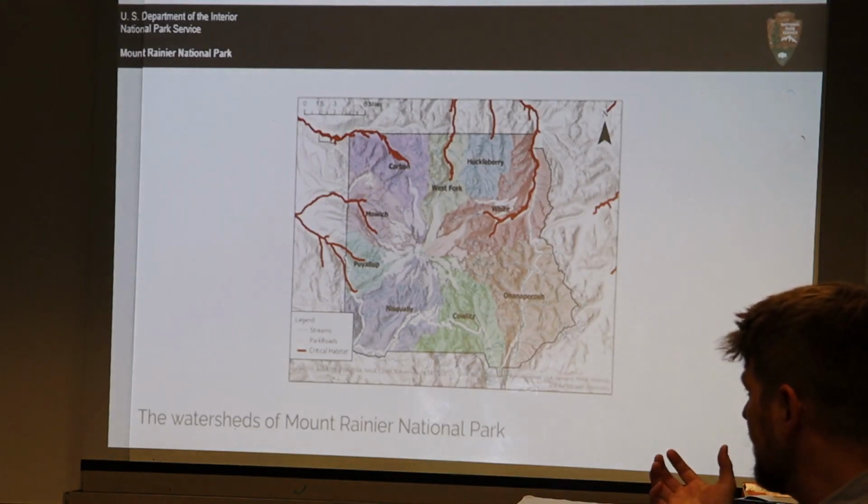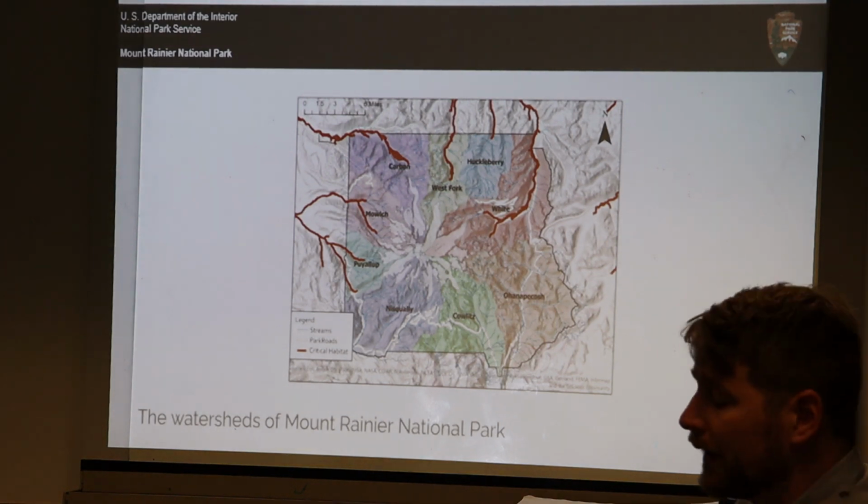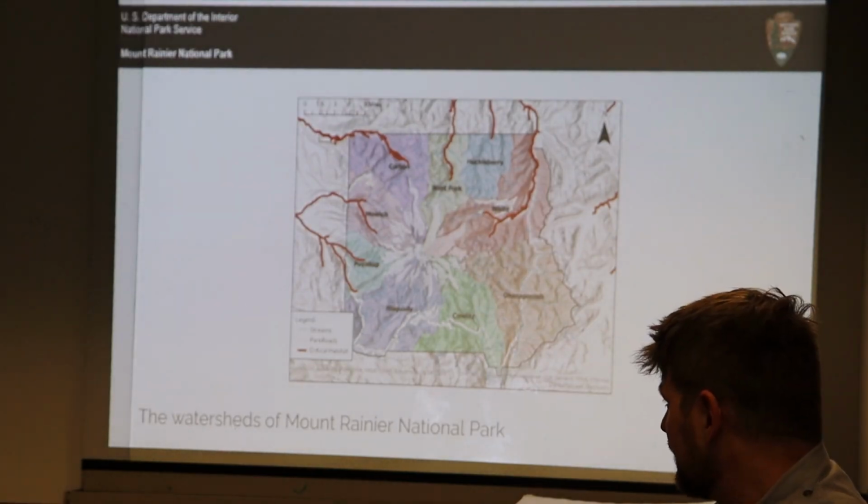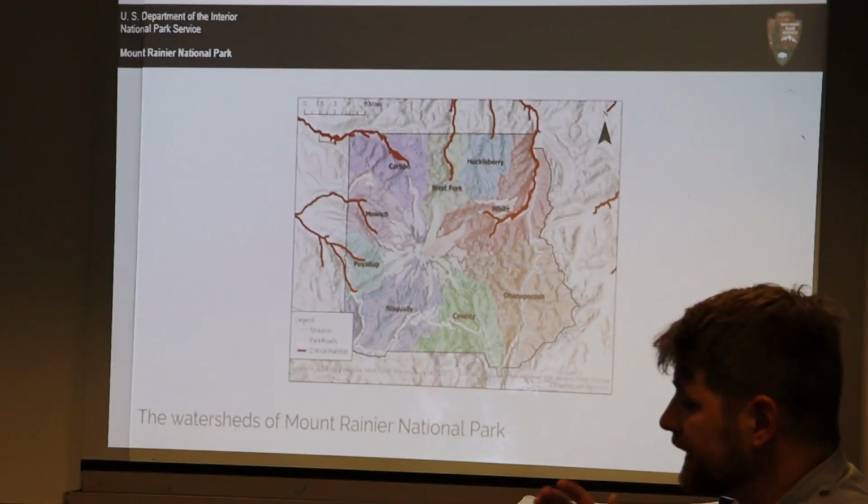As you can see, a lot of the drainages within the park are headwatered on the mountain. If you think of it in more of a vertical sense, we're higher in elevation.